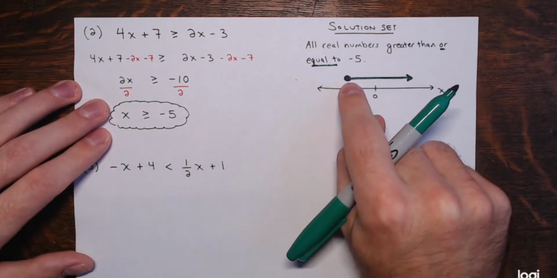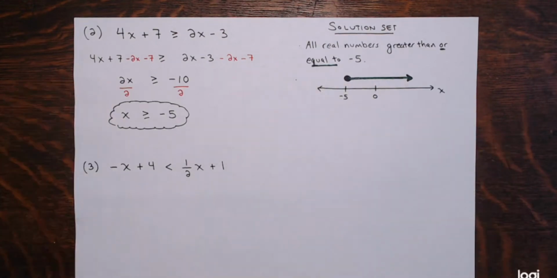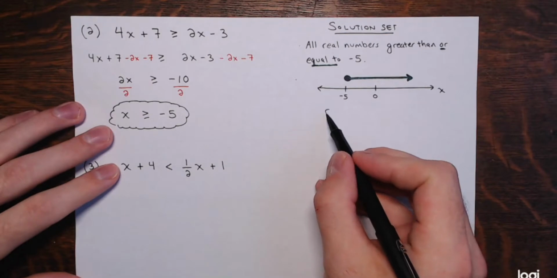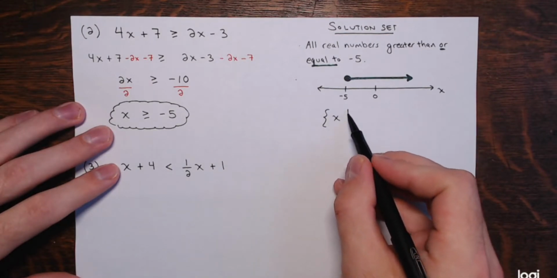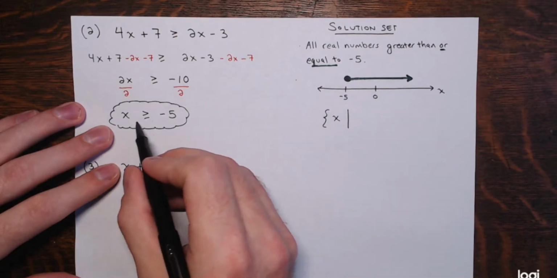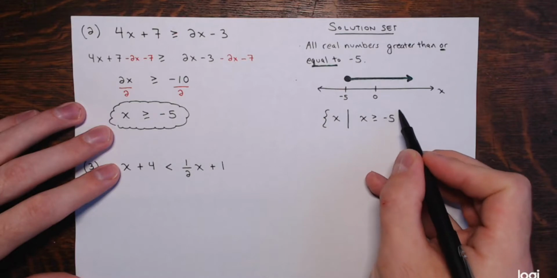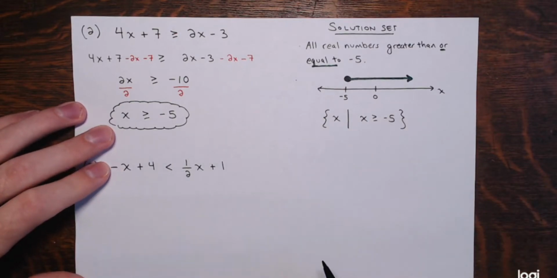So notice I'm putting a closed point, a filled in dot, above -5. So there's a graph of this same set of numbers, the solution set. This is the same as saying the solutions are all values of x such that x is greater than or equal to -5. There's the same set written in set builder notation.